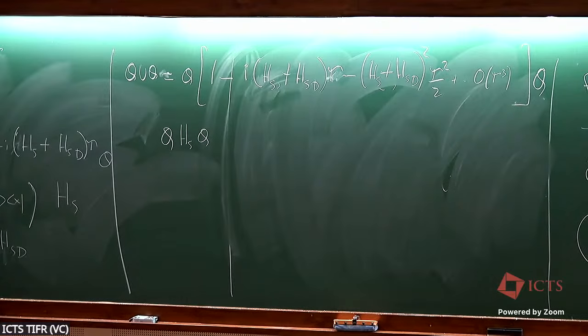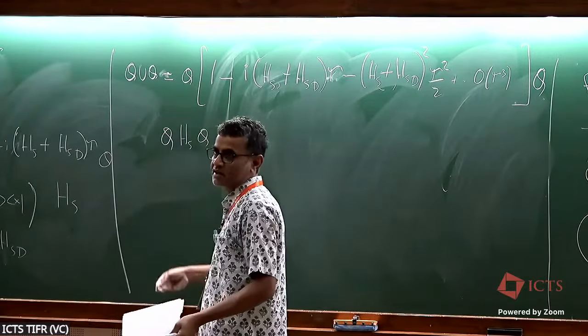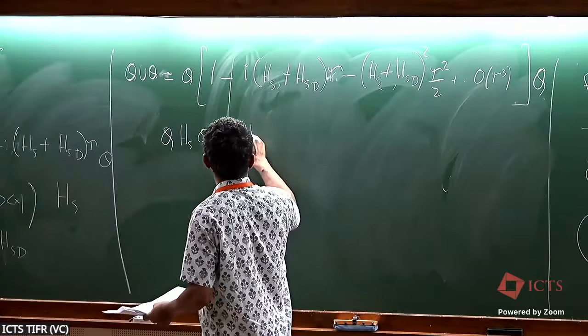So Q is basically the sum over x not equal to 0, so it's just the identity on this part. And H_S starts from 1, so as far as H_S is concerned, this Q is like identity. So this will just be H_S.